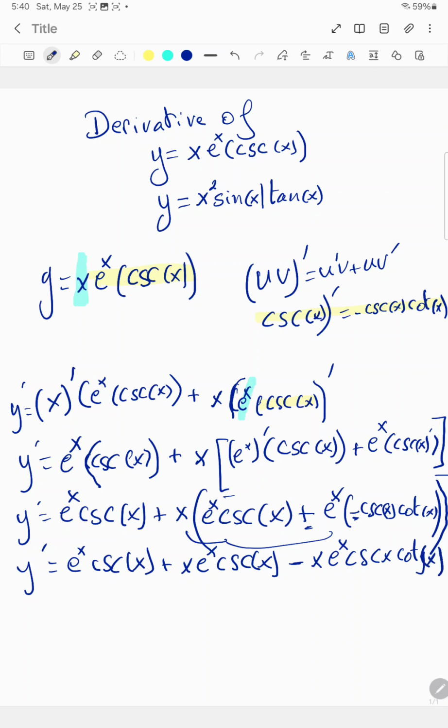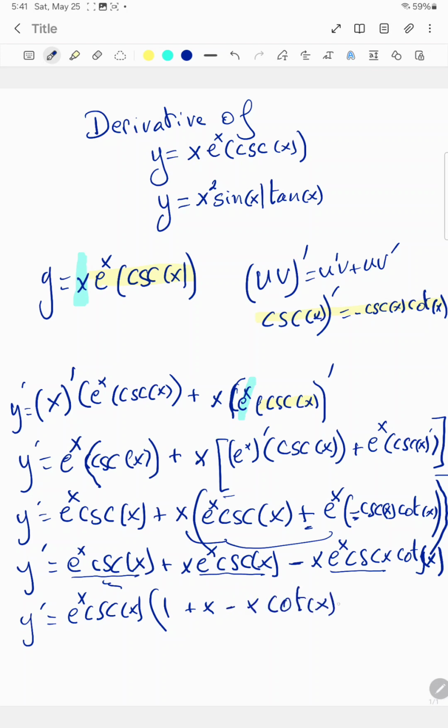So if I look at it, I have e^x cosec of x three times. So I can factor out e^x cosec of x, and then I will have here 1, and here plus x, and here I will have minus x cotangent of x, and that's your final answer.